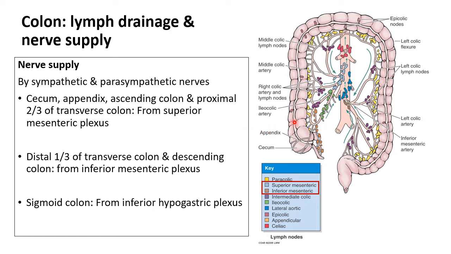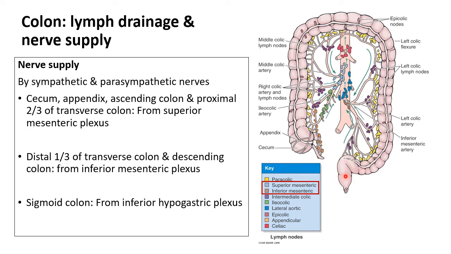The parts which are supplied by the superior mesenteric plexus include the appendix, cecum, ascending colon, and first two thirds of transverse colon. The parts supplied by the inferior mesenteric plexus include the last third of transverse colon and descending colon, and the parts supplied by the inferior hypogastric plexus include the sigmoid colon and going down, the rectum and anal canal.